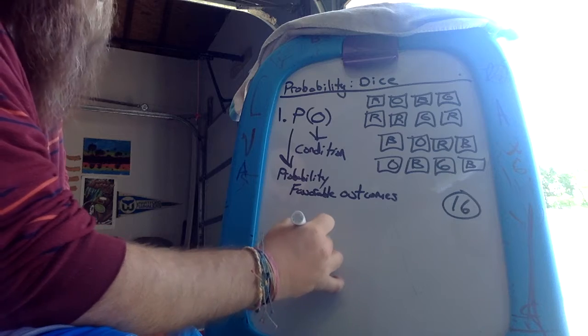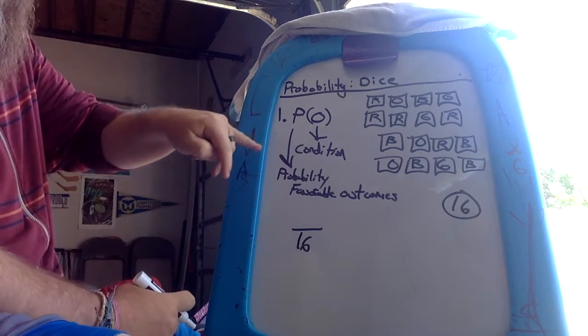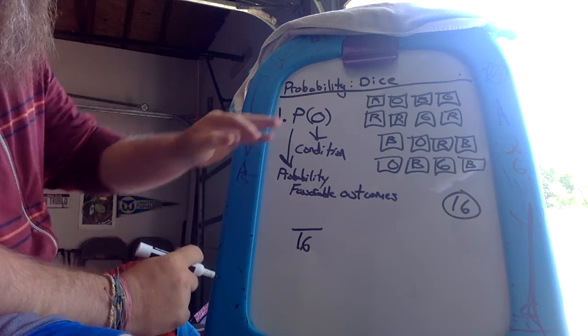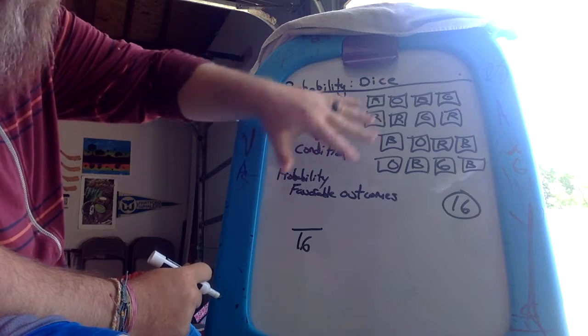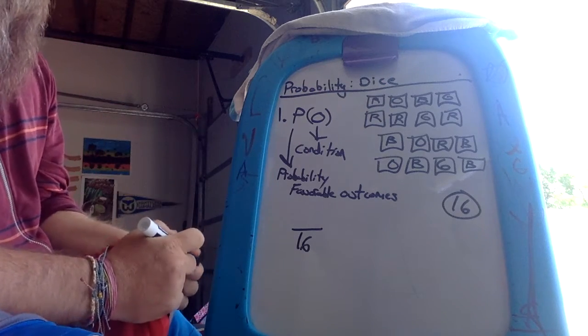16 is always going to become the denominator because that's what I'm pulling out from, based on the probability. When I'm looking at that, you may ask about one color, or combining two or three. There are many different ways you can do it, but I'm just starting off with you guys.